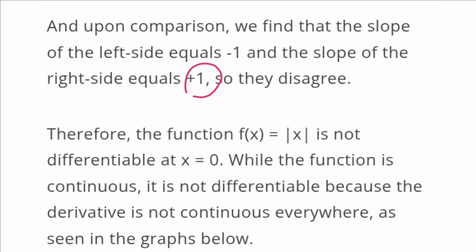So they disagree. This means that the limit does not exist here at the point x equal to 0. Therefore, the function f(x) equal to |x| is not differentiable at x equal to 0. While the function is continuous, it is not differentiable because the derivative is not continuous everywhere.